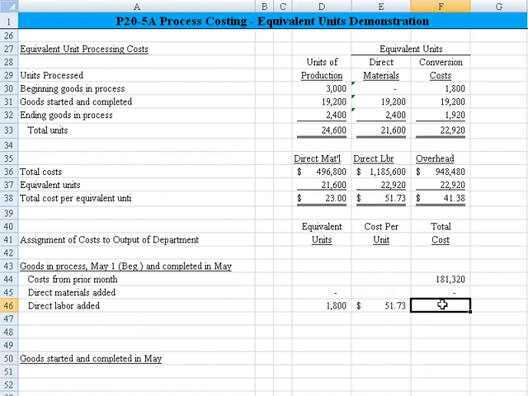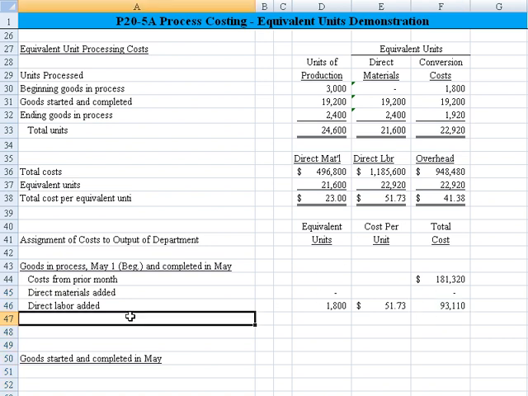Okay, and to come up with the total cost, we would multiply those units times the cost per unit, and we'll turn that into, we'll round this here. Then we need to add the overhead applied to the goods in process.